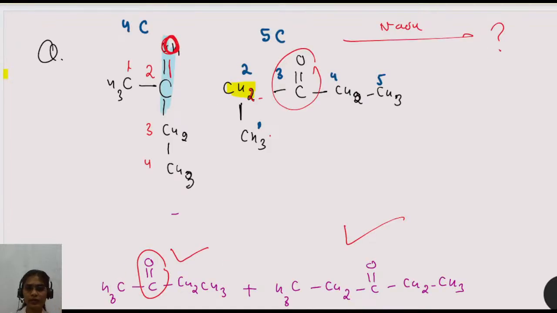You're simply breaking the molecule, breaking the bond. So in this OH bond, the hydrogen simply transfers there, so it becomes CH2, and this oxygen becomes a double bond oxygen. This is just a trick. It's not like hydrogen is coming.